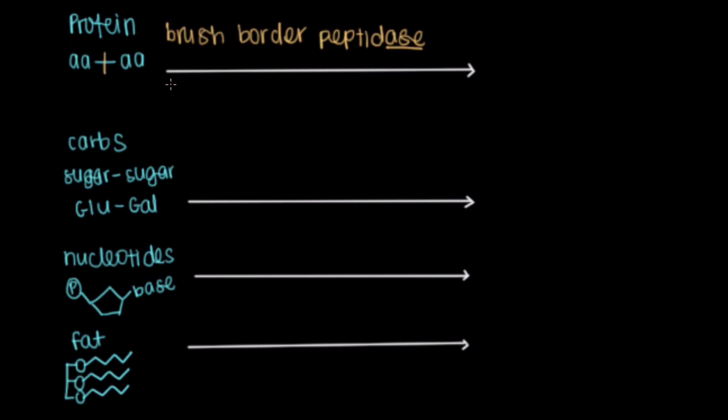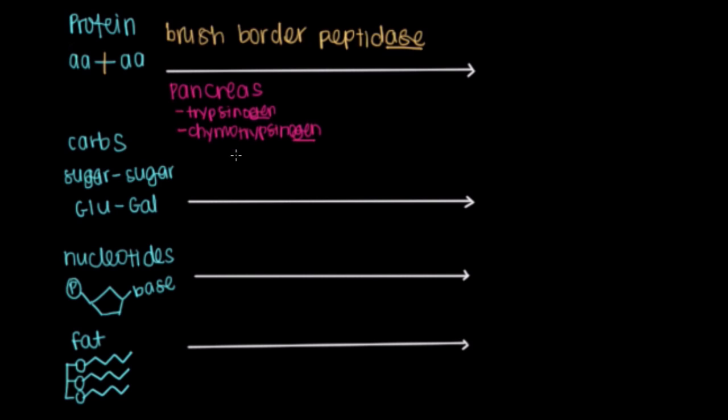In addition, the pancreas brings along a couple of important enzymes that'll help break up our proteins. First of all, it's got trypsinogen that's present, as well as some chymotrypsinogen. But whenever you see gen at the end of an enzyme's name, that means that it's not ready to work yet.